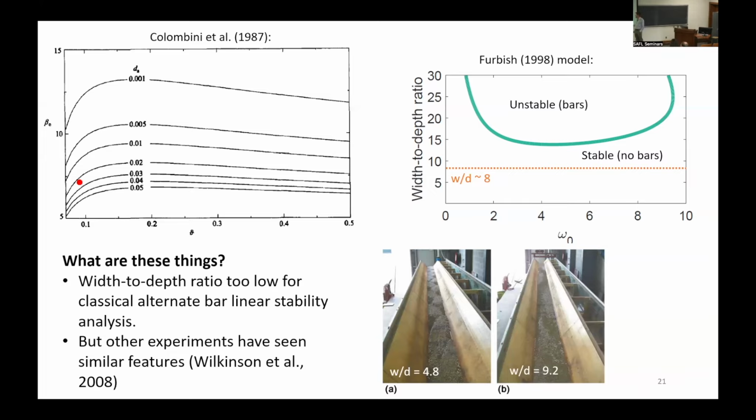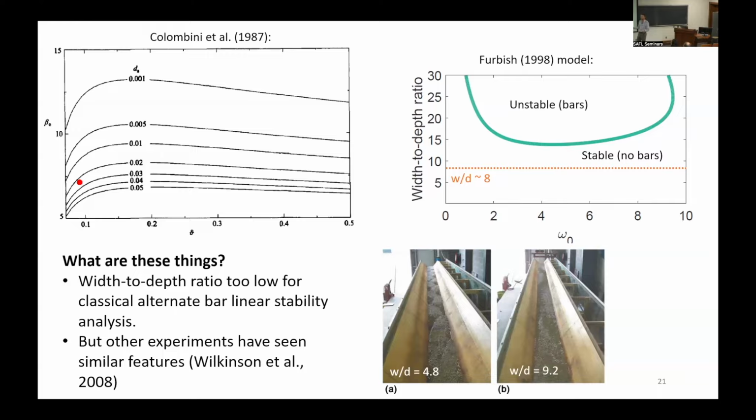We're not the only people to have seen alternate bar-like results for low width-to-depth ratios. These are some examples from other experiments in the literature with width-to-depth ratios below 10 that have seen something similar. So to me, this suggests that for these types of conditions, you need something more complicated than the underlying assumptions of some of these stability analyses.